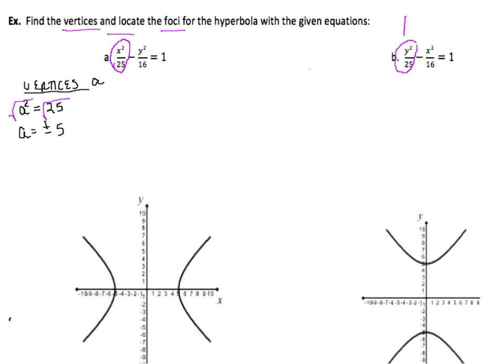So that tells me that my vertices are located at negative 5, 0, and 5, 0, right here and right here. And don't forget, the vertices land on the hyperbola. The foci lie outside of those vertices, or further away from the center than the hyperbola rests. So we'll go ahead and find the foci now.